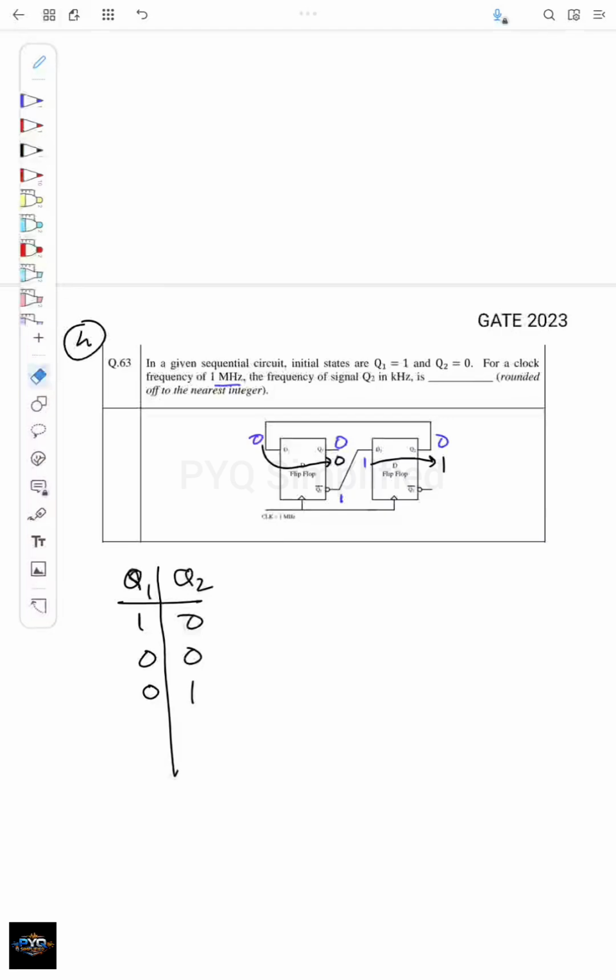So now Q1 is 0 and Q2 is 1. Since this is 0, Q1 bar will be 1, and here input is 1. So in the next rising edge of the clock, this 1 will come here and this 1 will come here. So next is 1 1.